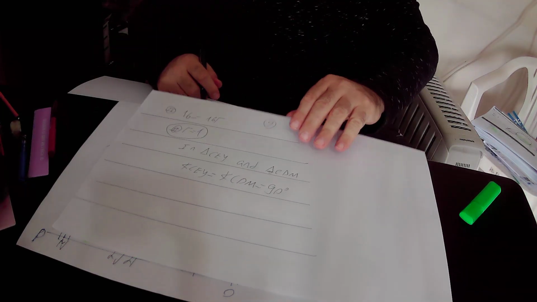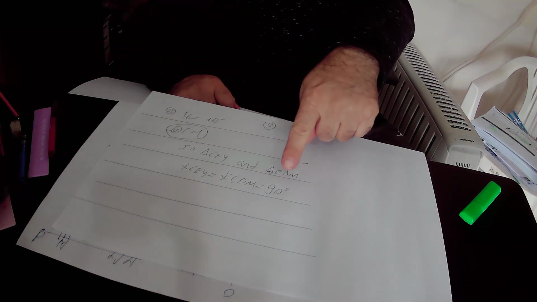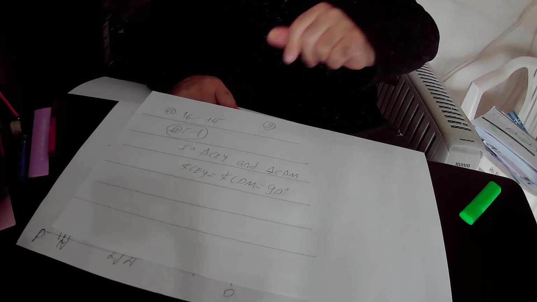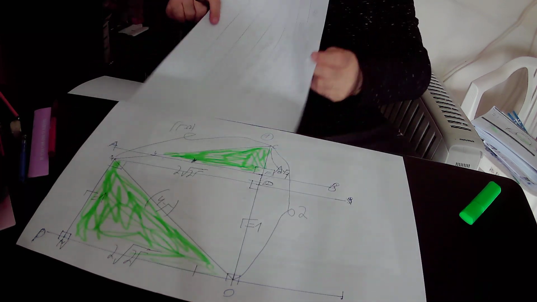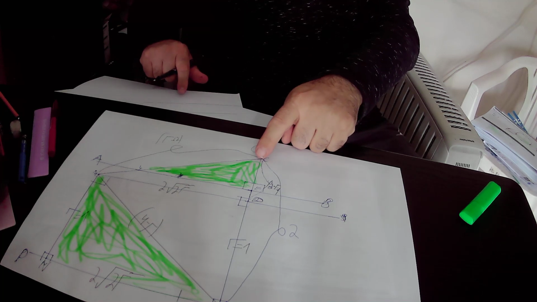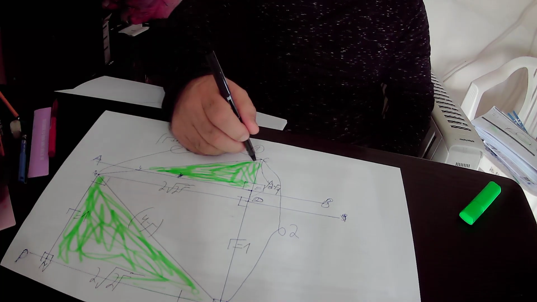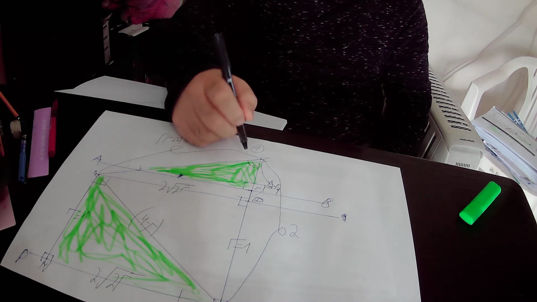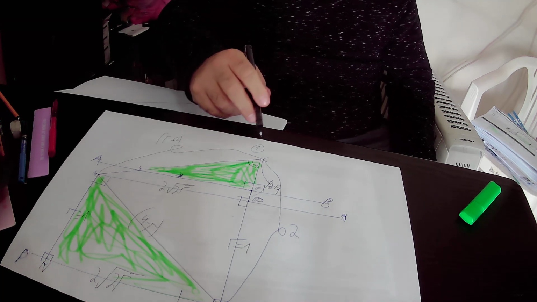So angle CEY equals angle CDM equals 90 degrees. And we also know that angle C is a common angle.